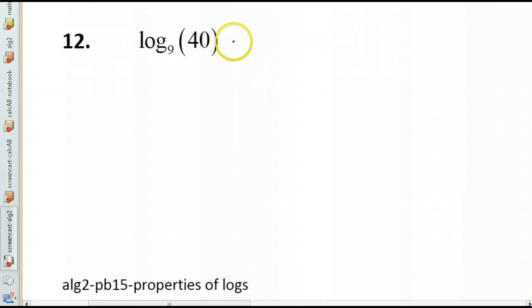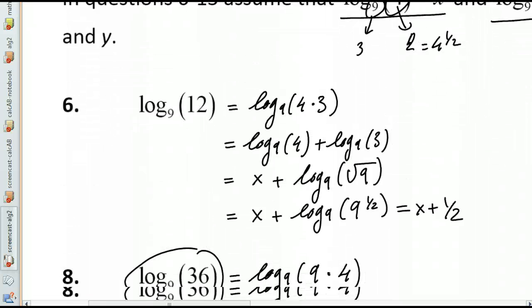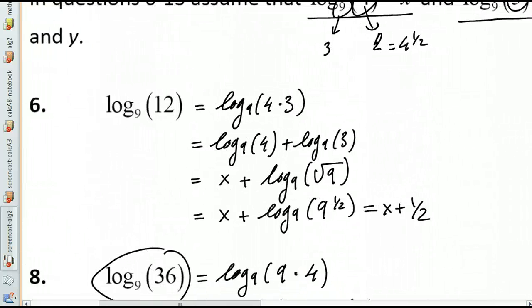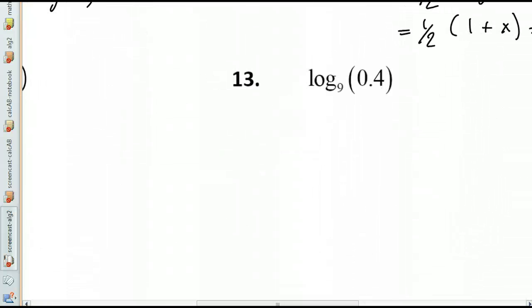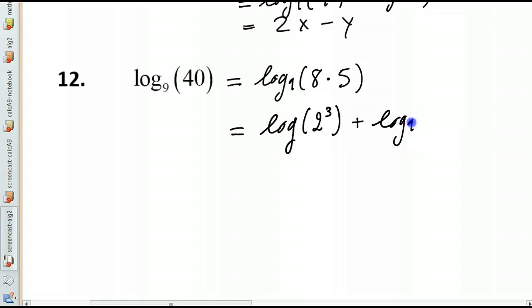Log base 9 of 40. So this is a log base 9 of 8 times 5. And I think we got log base 9 of 8, right? Didn't we get log base 9 of 8? Somewhere here. No. Maybe it was in the first problem. Yeah, possibly in the first problem. Okay, well, let's dig. So it is log base 9 of 2 cubed plus log base 9 of 5, and 2 is square root of 4.